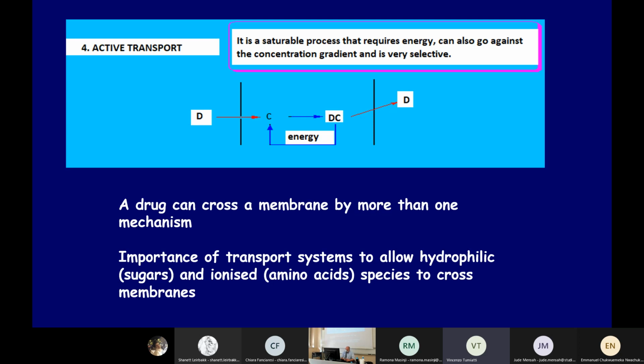And so if you have an acidic group or basic group, you can have different forms, charged and uncharged. The uncharged form is able to cross the membrane very easily, the charged form not, but we'll see this important point later.